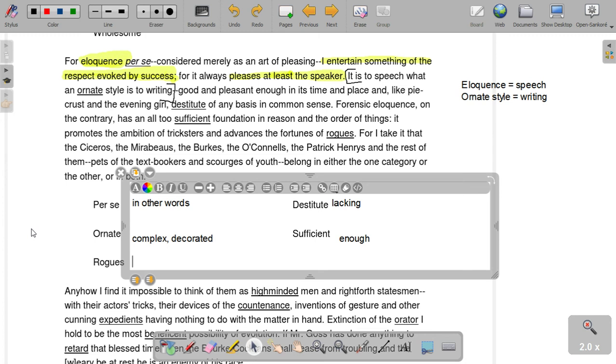Crazy. Well, there's a word in this sentence that helps us understand at least what kind of word it is. What's another word that means a similar thing to rogue? In the sentence we just read. Tricksters. Yeah, tricksters. So we know it has something to do with tricksters. So even if you didn't know exactly what rogues meant, you could at least get the idea that it means basically the same thing as tricksters.